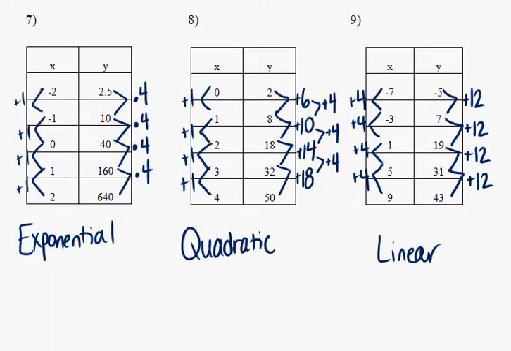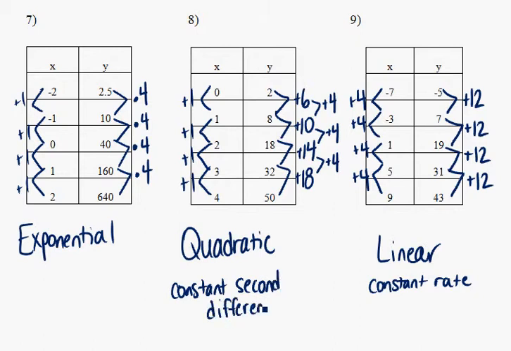And finally, when I'm looking at a table of data, my linear functions have a constant rate of change. My quadratic functions have constant second differences. And my exponential functions have a constant pattern of multiplication.